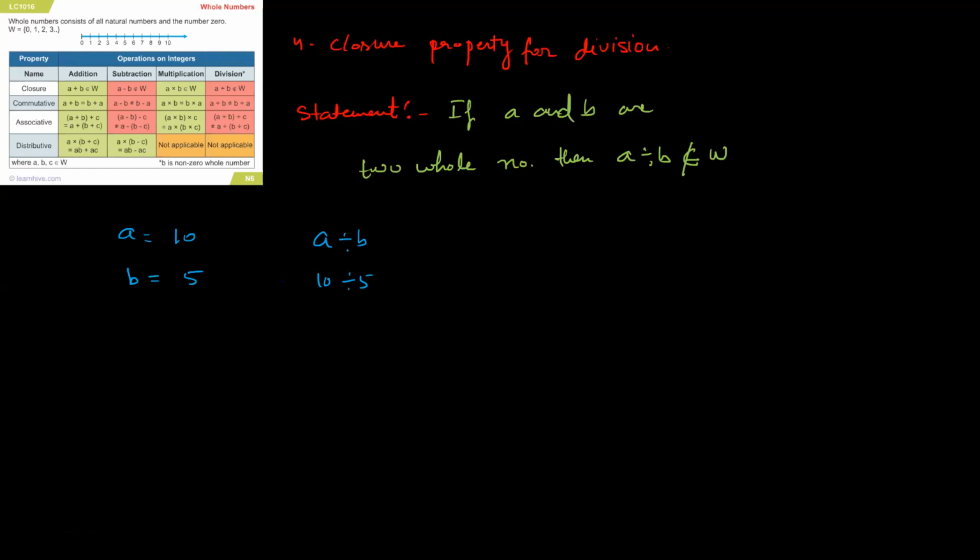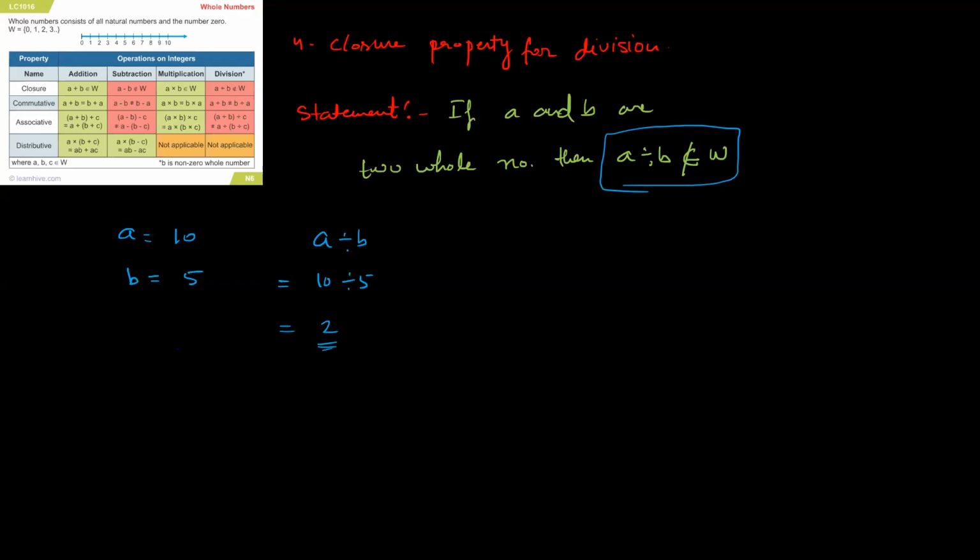So 10 divided by 5 is 2, and 2 is a whole number. Then you will say, sir, then why have you written that A divided by B is not a whole number? Huh? It may be. मैंने ये नहीं कहा कि A divided by B whole number नहीं होगा. मैंने ये बोला है कि जरूरी नहीं है कि whole number हो. It is not necessary that it is a whole number.